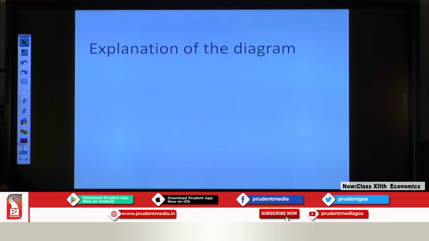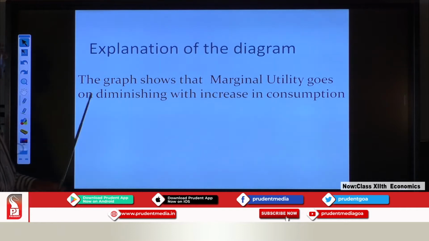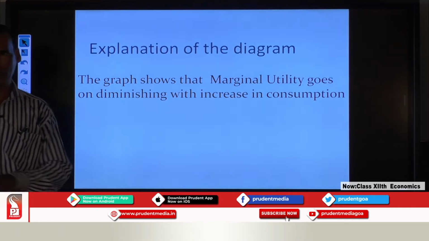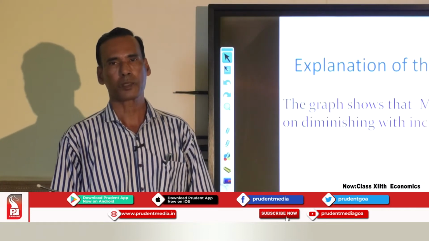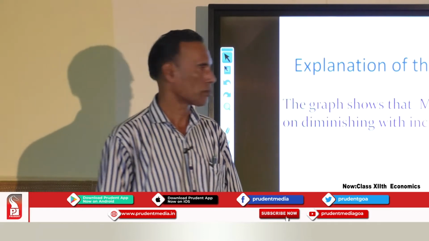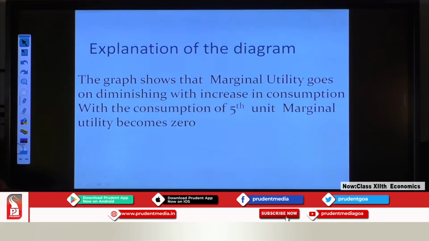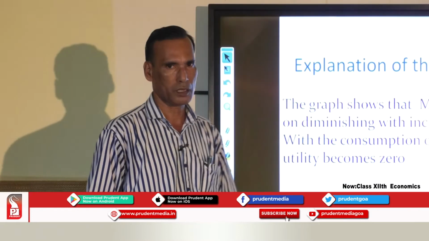Now, explanation of the diagram. The graph shows that marginal utility goes on diminishing with the increase in consumption. So, as you increase your consumption, marginal utility goes on diminishing. With the consumption of the fifth unit, marginal utility becomes 0.